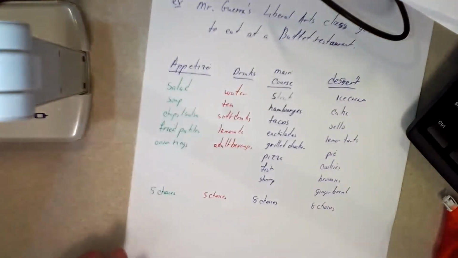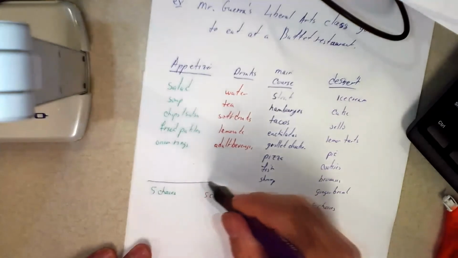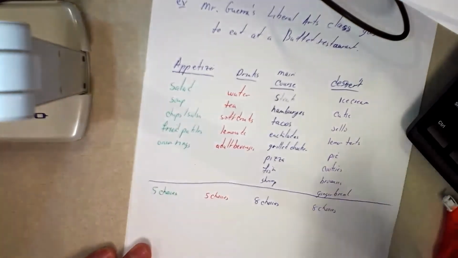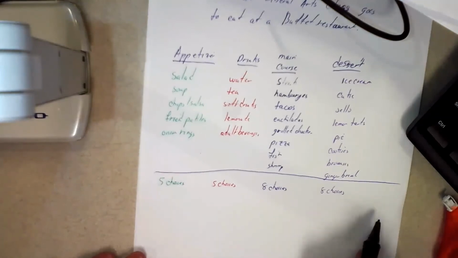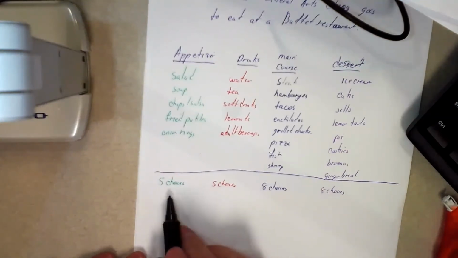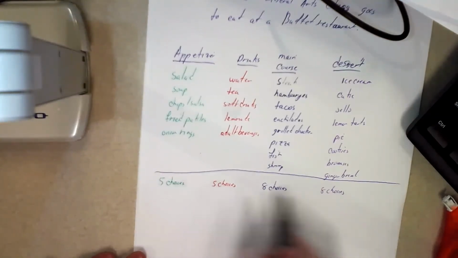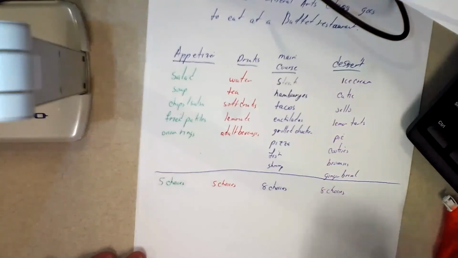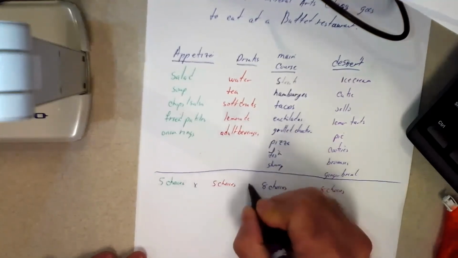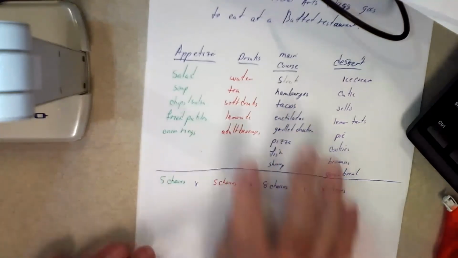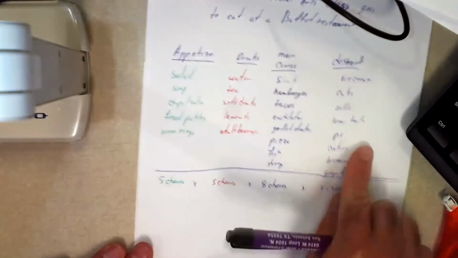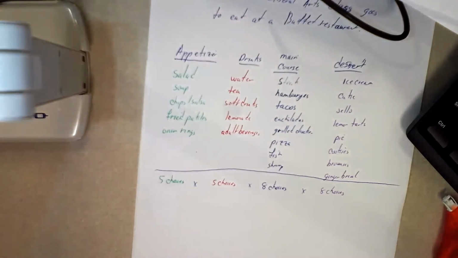So my fundamental counting principle says that they are all independent. I can simply multiply all of those numbers of choices, and that'll tell me the number of total different outcomes or different combinations of appetizers, drinks, main courses, and desserts I can create.